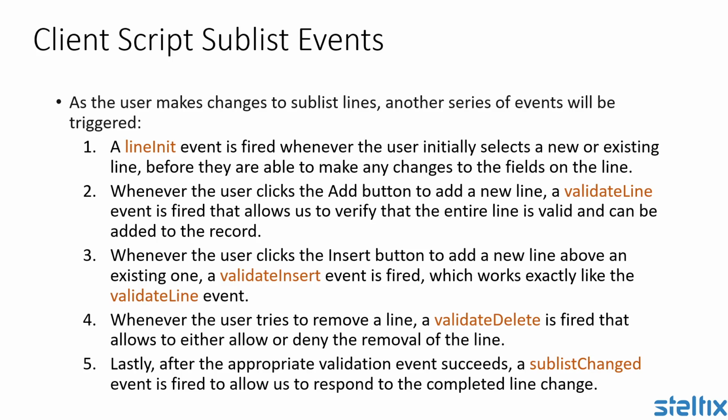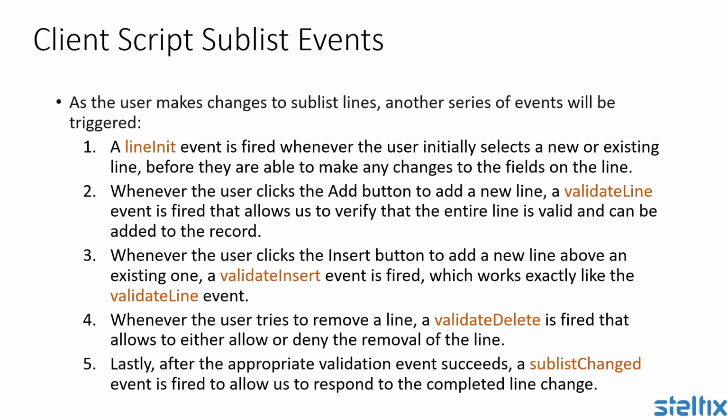This works exactly like the validate line event. Whenever the user tries to remove a line, a validate delete is fired that allows us to either allow or deny the removal of a line. We might not want to remove that line because it has a dependency on another record in NetSuite. So using a validate delete, we can prevent that.